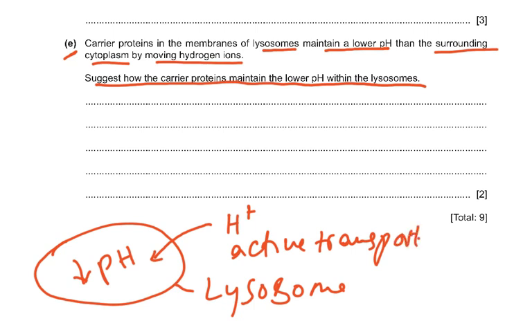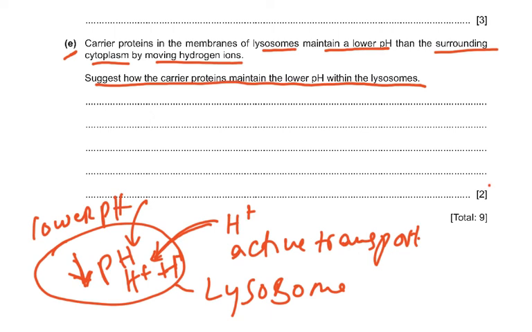Active transport requires energy. And that would, of course, be using ATP. So energy from respiration or ATP, and this would result in a conformational change of the carrier. There is going to be active transport. So this is the lysosome. Hydrogen ions will be pumped into the lysosome. So more hydrogen ions means a lower pH.